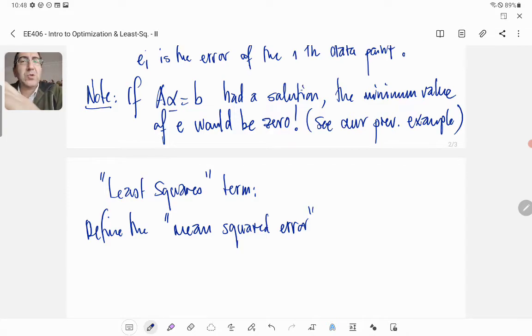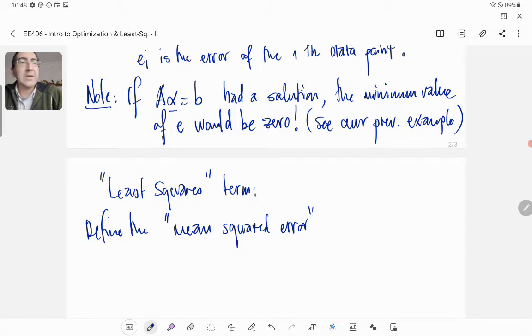So we want to get rid of the sign of the error because we don't care. And also we want to make the error function differentiable. Why is that the case? Because remember, in order to apply the necessary conditions, we need to take the derivative. So we need to find an error function that is irrespective of the sign of the error, and also it's very easy to take the derivative of.